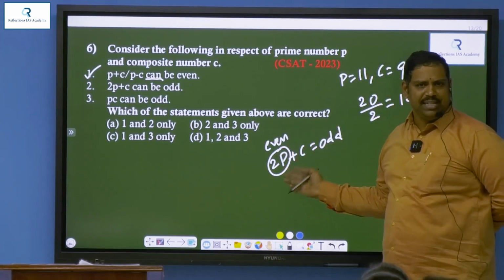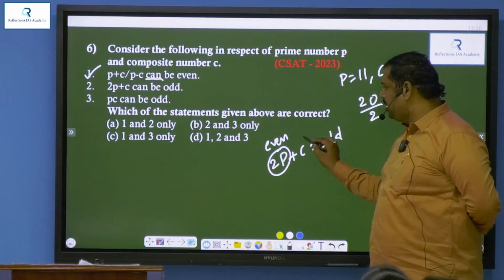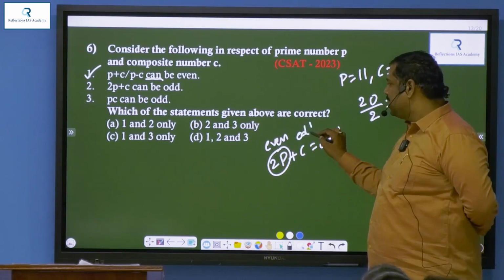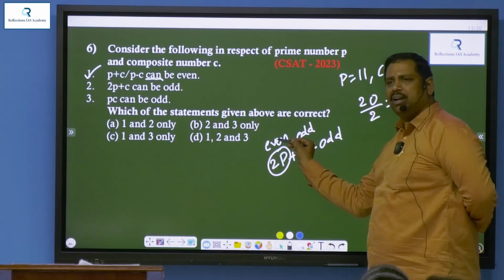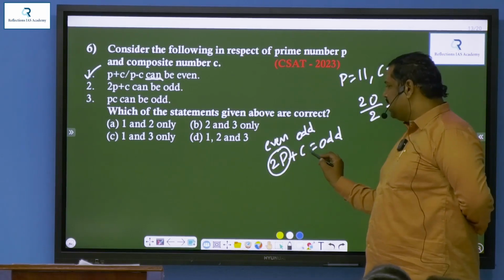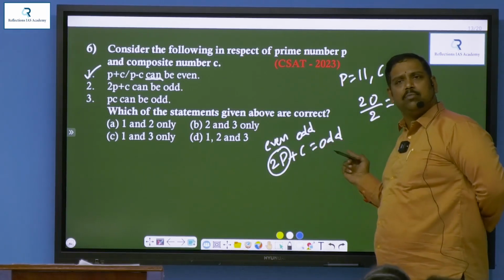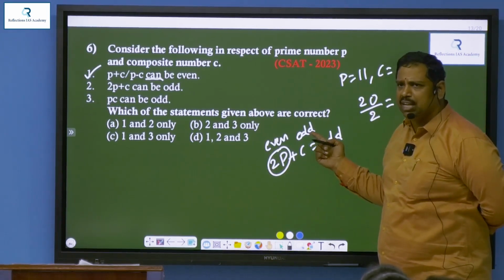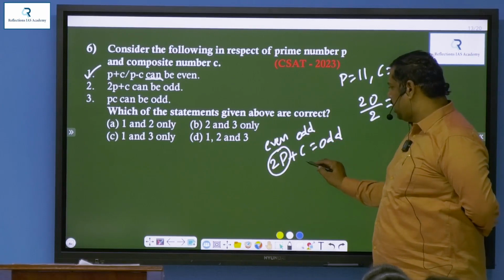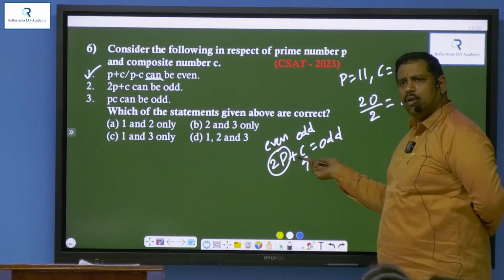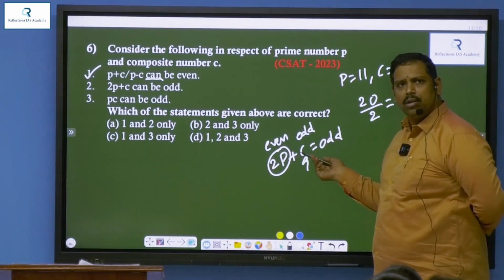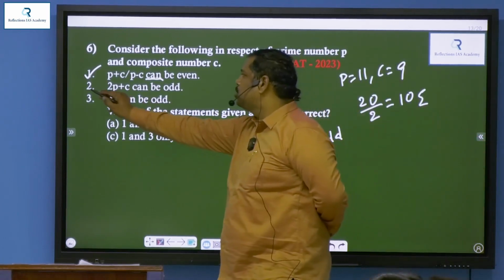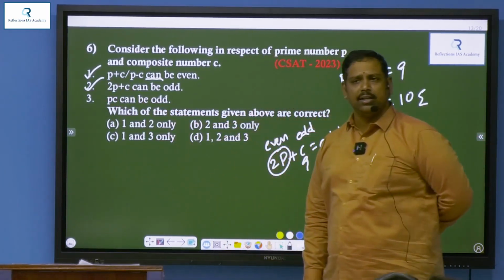So now tell me, C should be even or odd? C becoming odd, if it is possible, this is possible. C means composite number. Do you have any composite number which is an odd number? Yes, 9 is a composite number. Now tell me, is it possible or impossible? Possible. So the second one is also a correct answer.